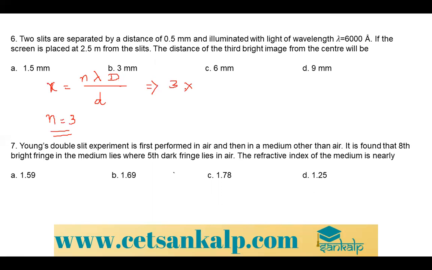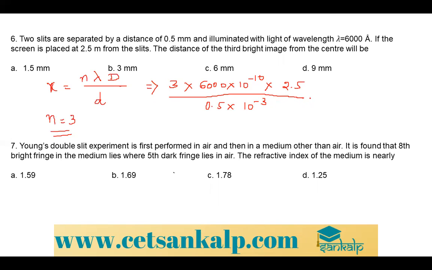So directly you can substitute the values. 3 into 6000 into 10 to the power minus 10 into 2.5, capital D is 2.5, whole divided by 0.5 into 10 to the power minus 3.